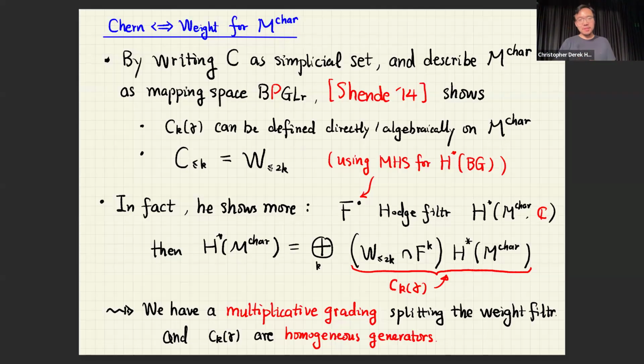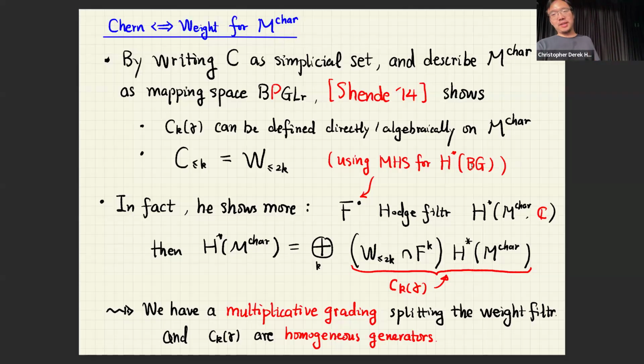The reason for this is not hard. The hardest thing, of course, in Vivek's proof is to set up the question. As long as you set it up, it's clear that the weight will be matched with the Chern filtration, because every tautological class is essentially pulled back from the cohomology of BG, and you know what the mixed Hodge structure there is.